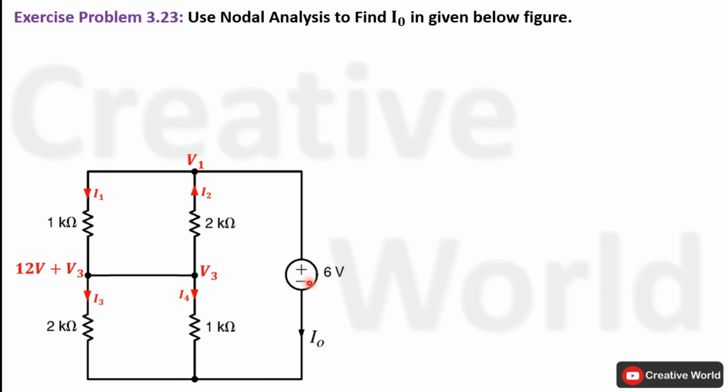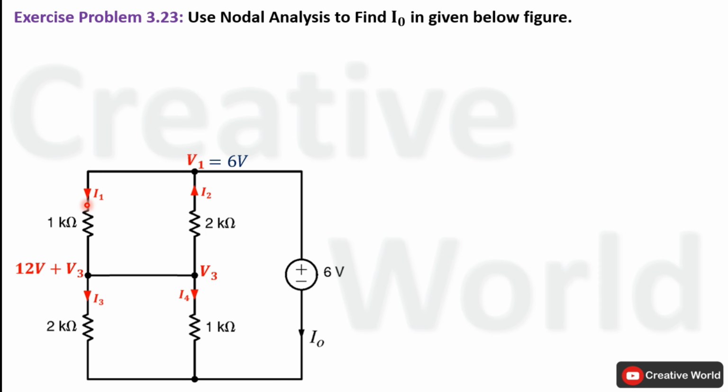This 6 volt source is connected from this node to this node. So we can say that whatever the value of voltage across this voltage source, this same voltage will appear on this node 1 as well. So the value of voltage V1 on this node will be equal to 6 volt. Now we will apply Kirchhoff's current law on this supernode.